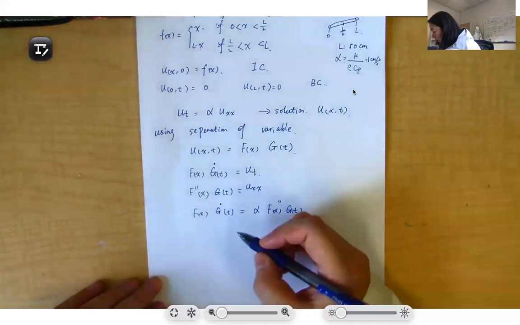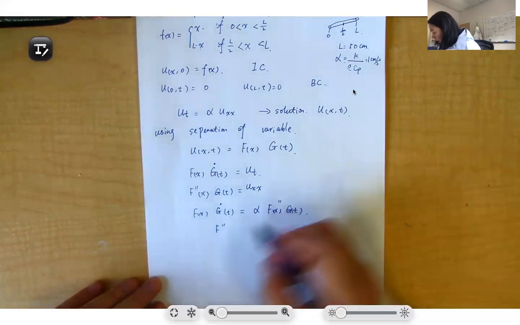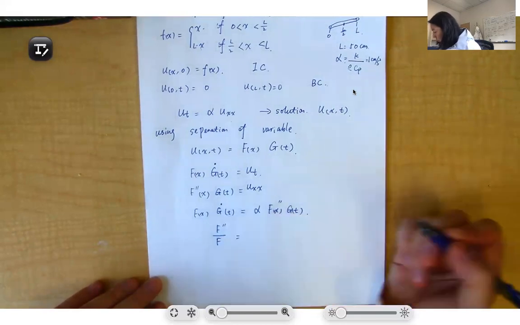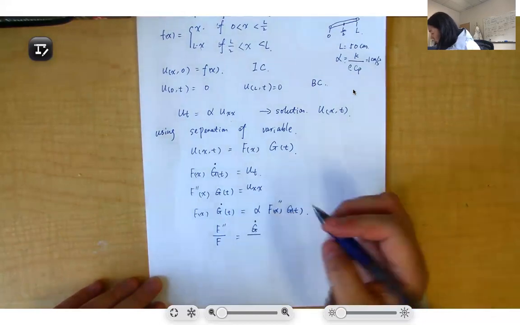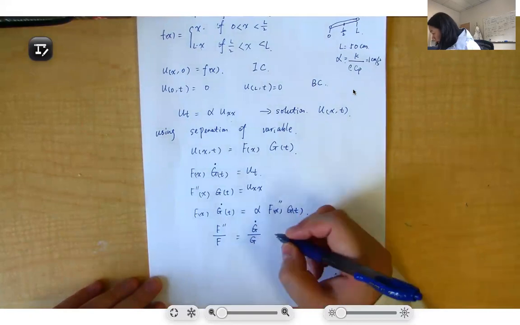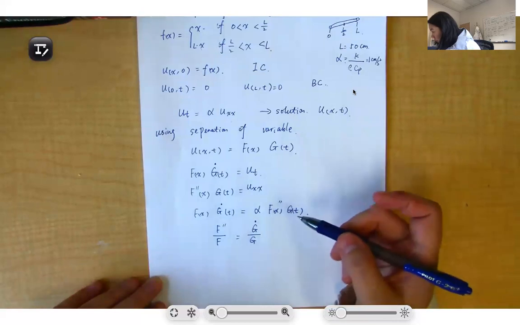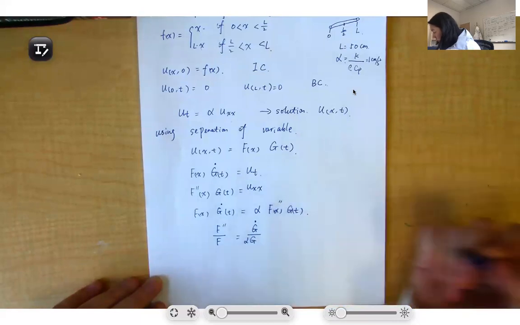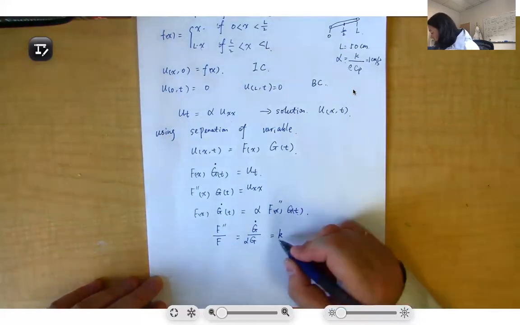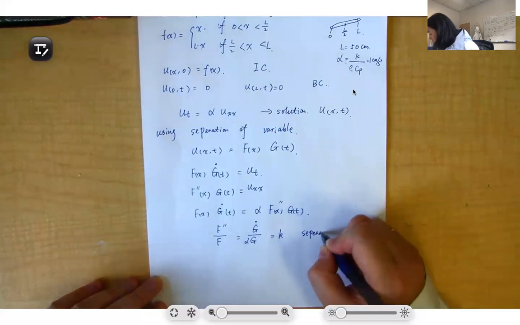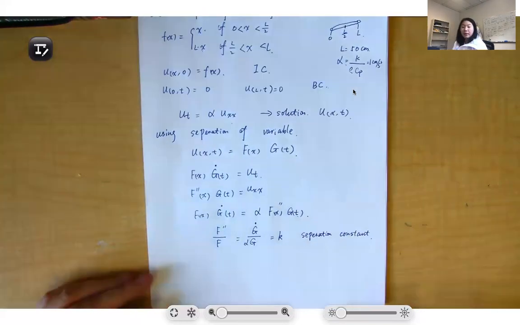Then we have f double prime over f equals g dot over alpha g, and that is equal to k. This k is called the separation constant.